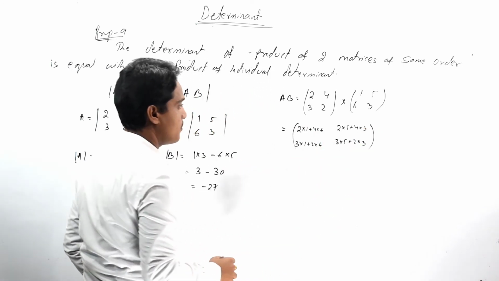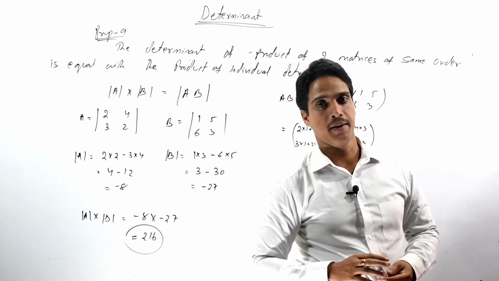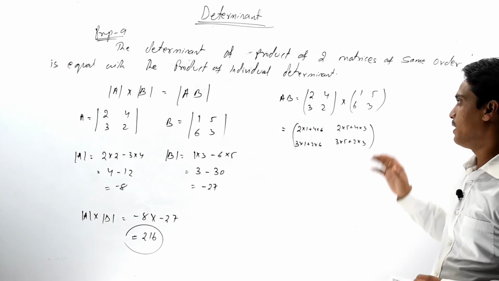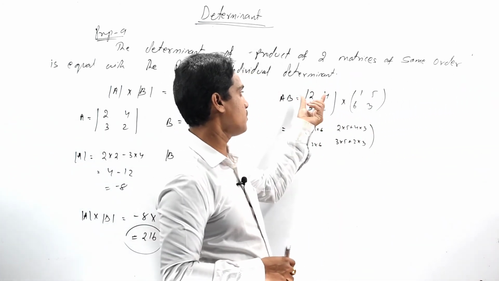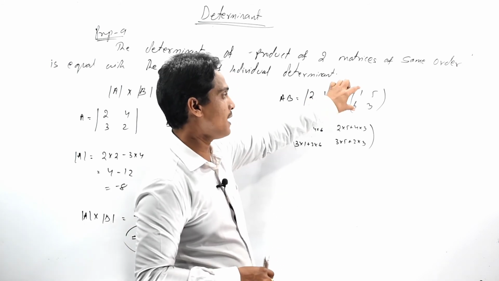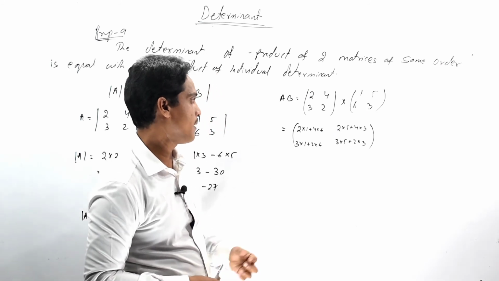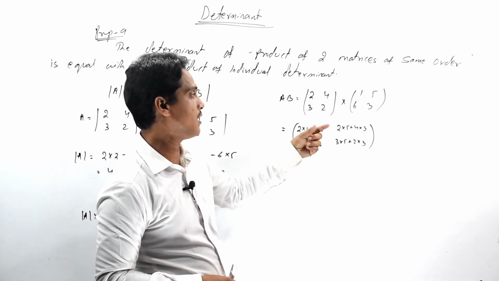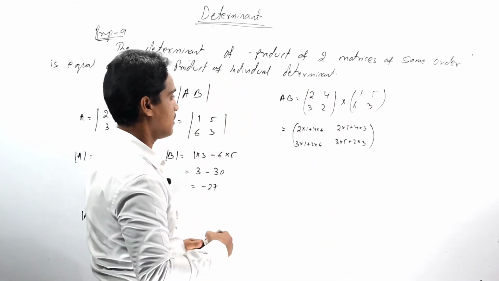In matrix multiplication, we multiply each row with each column. First the first row with the first column, and then the first row with the second column. Then the second row is multiplied with the first column, and again the second row with the second column.